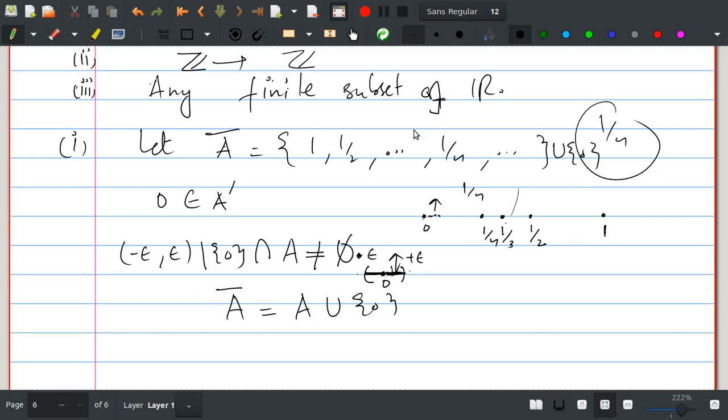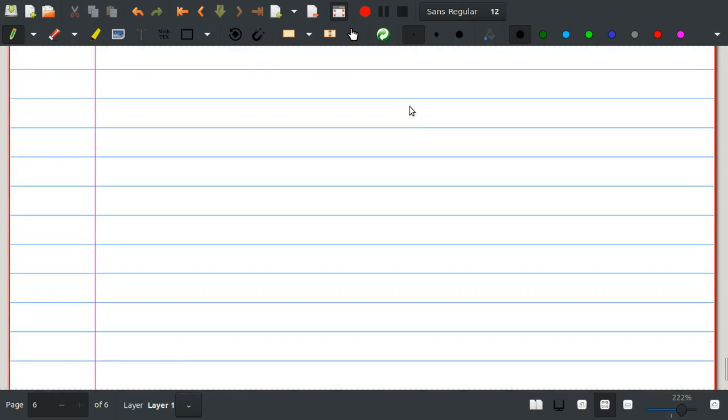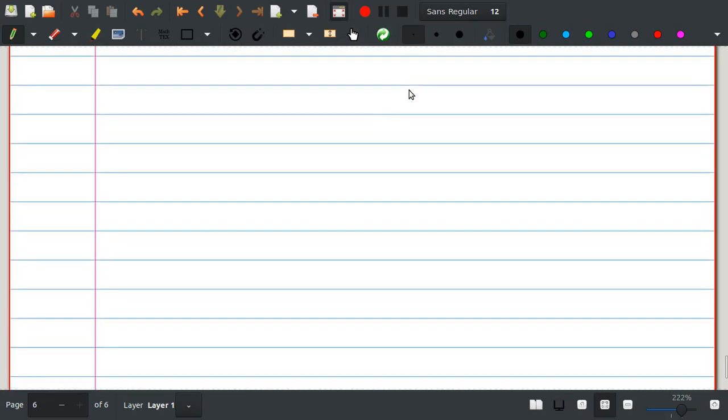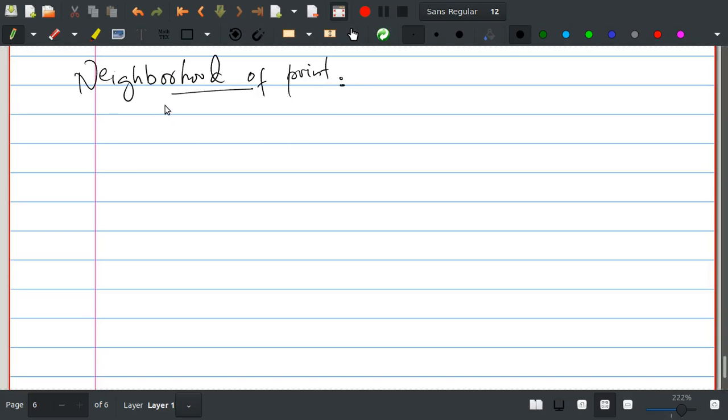Now let us define the neighborhood of a point. Let X, T be a topological space.